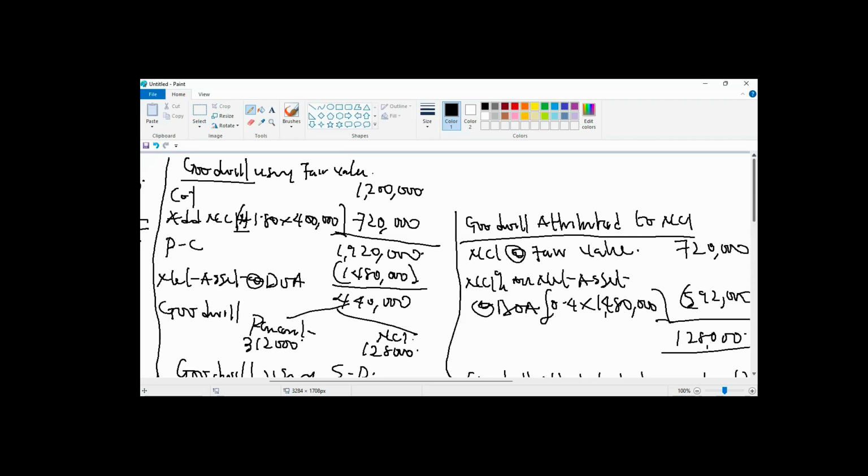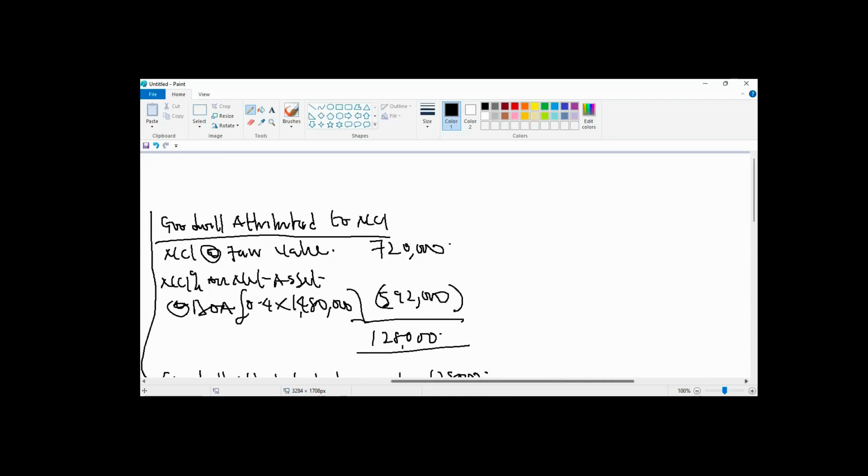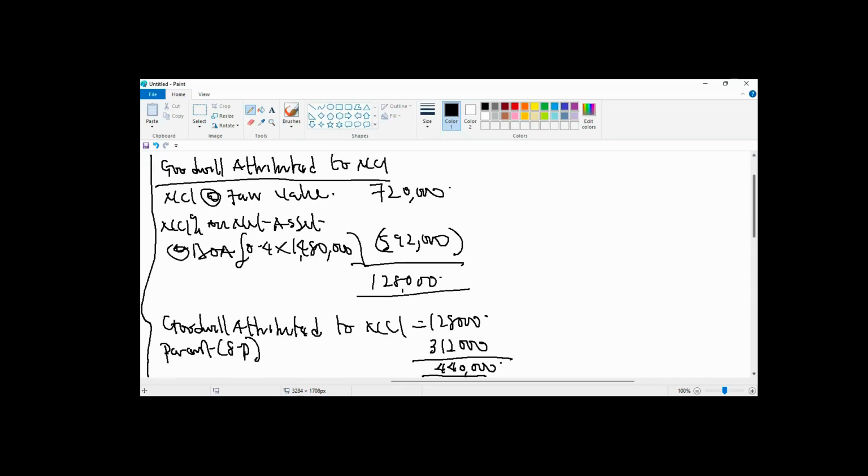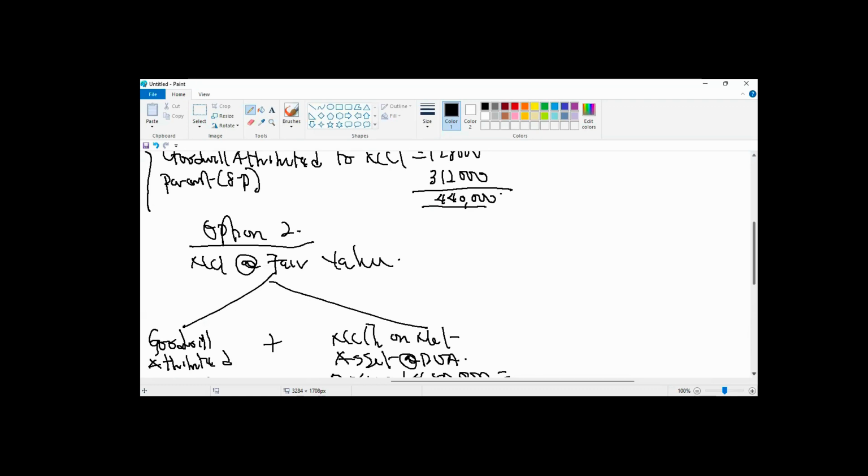Can we see the solving? We're not seeing the solvings. Okay, you want to see the solution? Yes, sir. This is it.